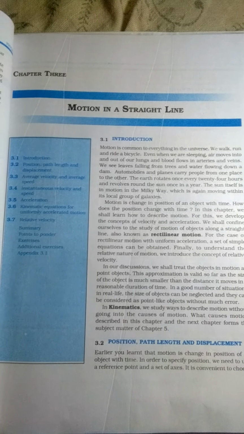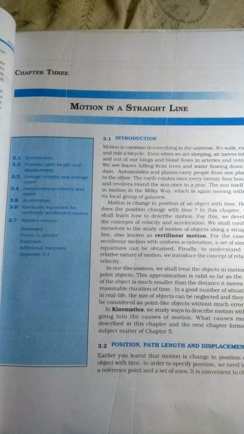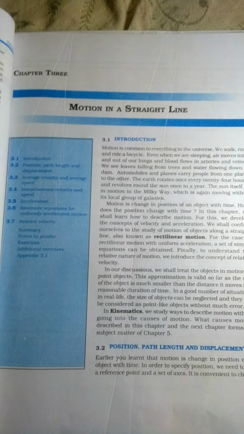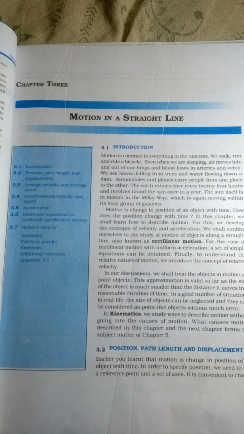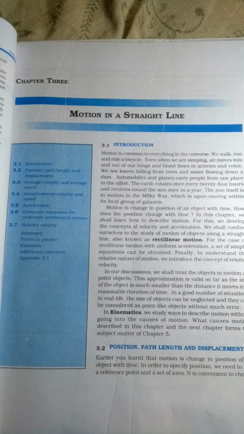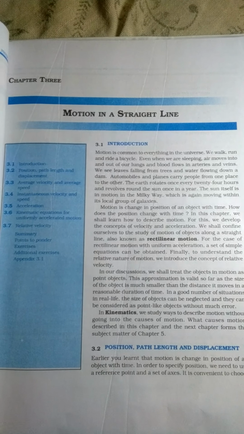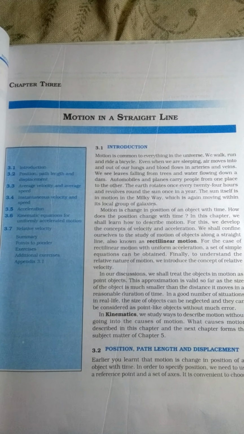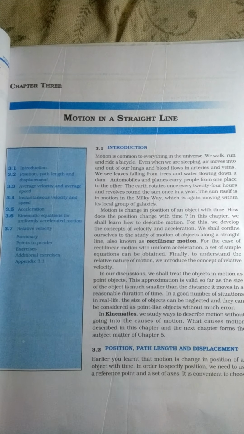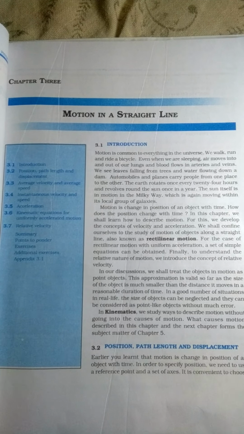Motion in the universe: every object is under the action of motion. We are writing, walking, riding a vehicle, and even when we are sleeping, air is moving into and out of the lungs, blood is circulating, leaves are falling from the trees, water is flowing down a dam.